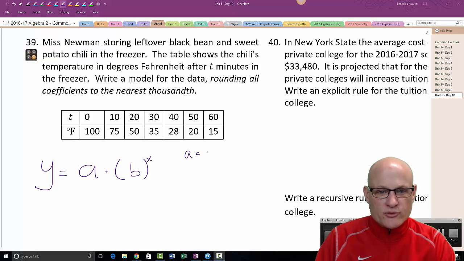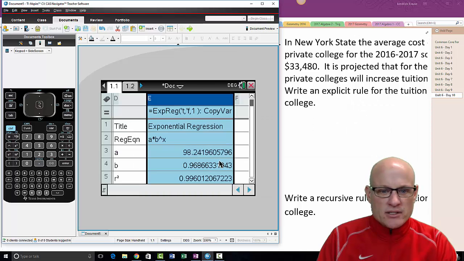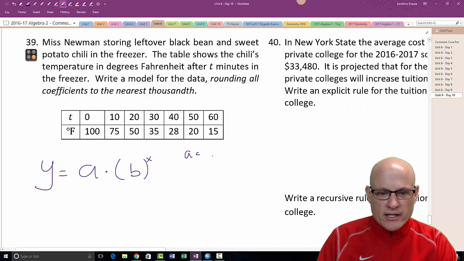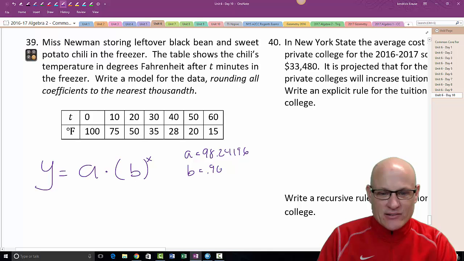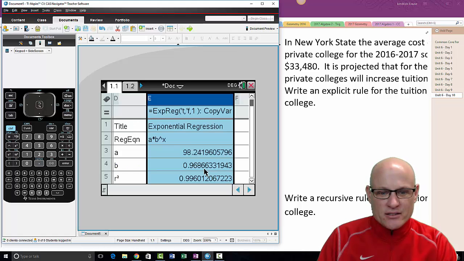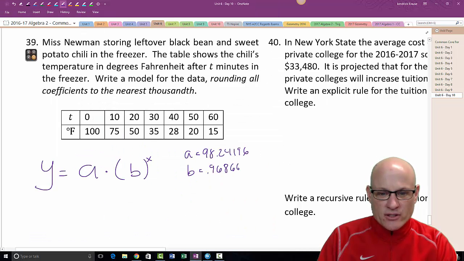A is equal to 98.24196. That's way past what they rounded. B is 0.968 6633.